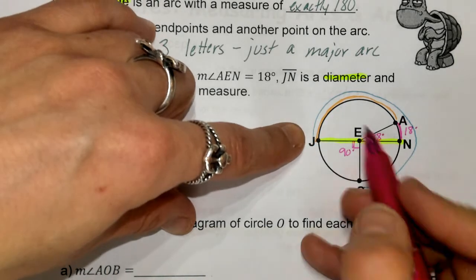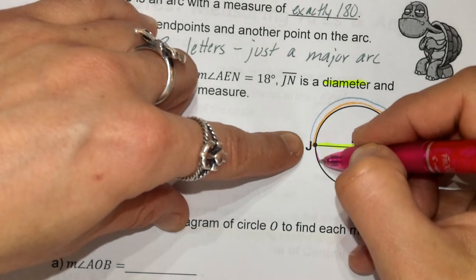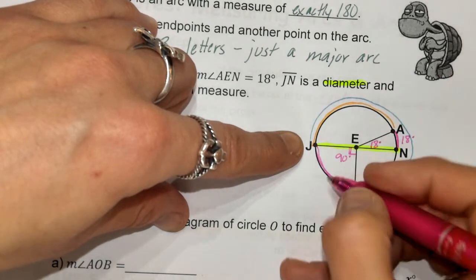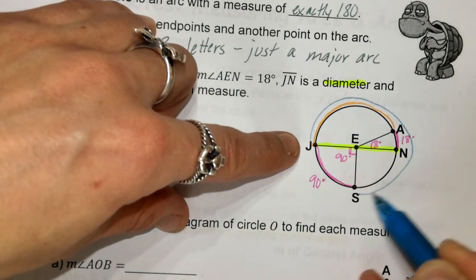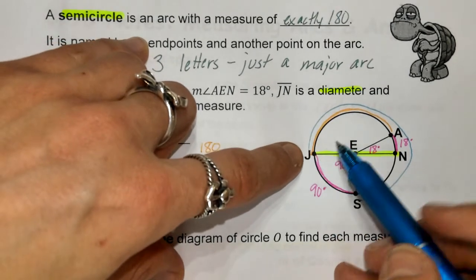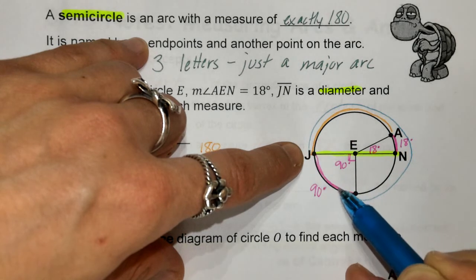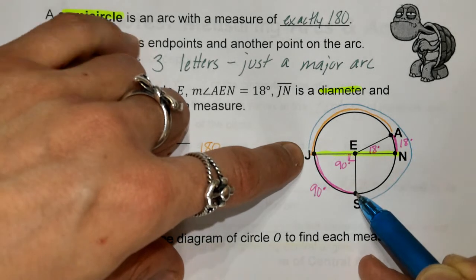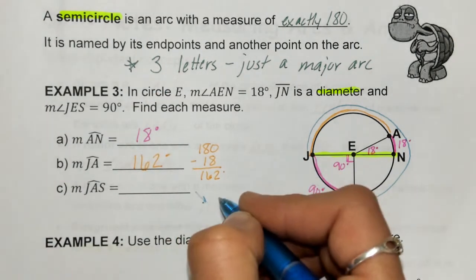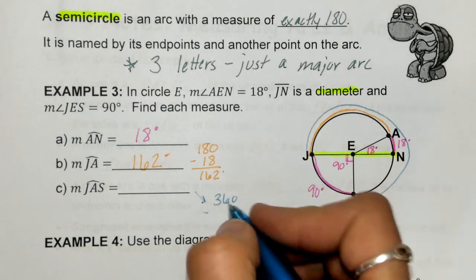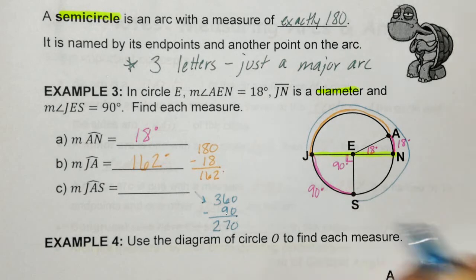And because the central angle JES is 90 degrees, the arc JS right here is also 90 degrees. So we just need to take the 360 all the way around, and pay attention to what I'm doing real quick. If we go all the way around, it's 360. Well, let's take away that 90 degrees to figure out what's left for arc JAS. So all this is 360, subtract the 90, and we're going to wind up with 270 degrees.